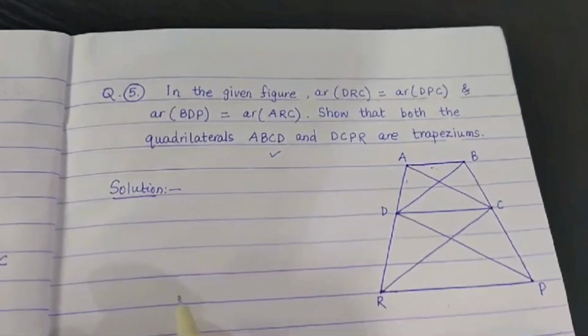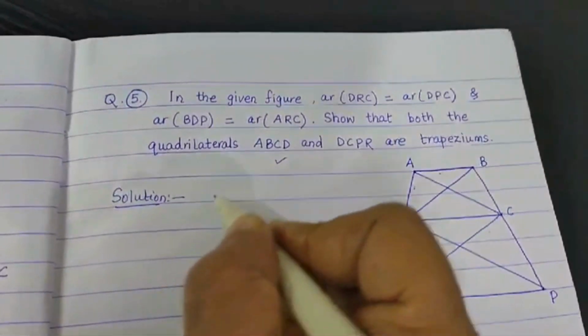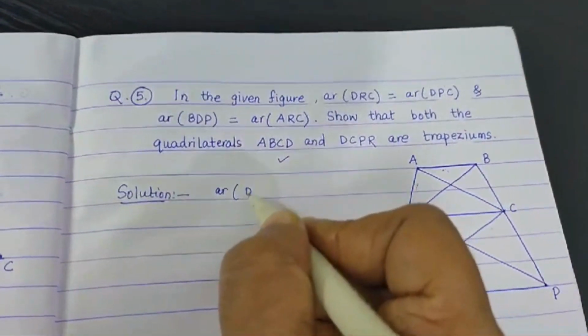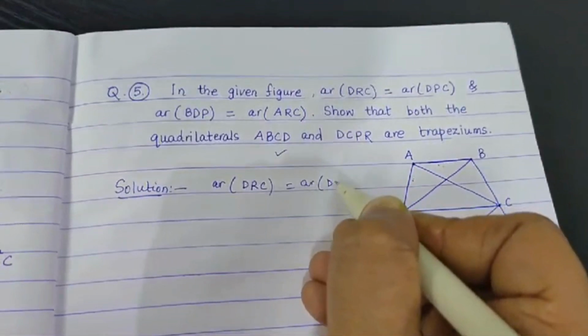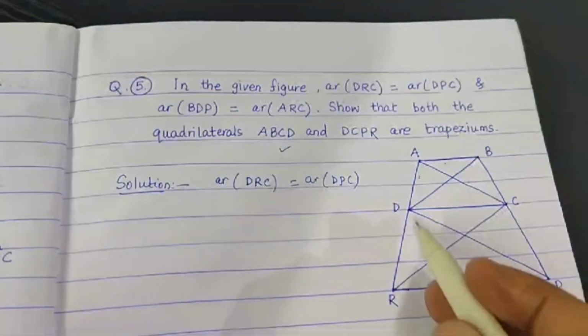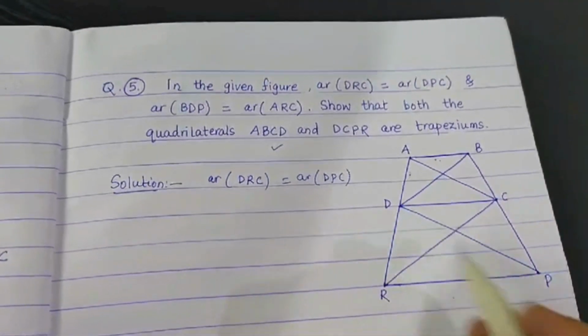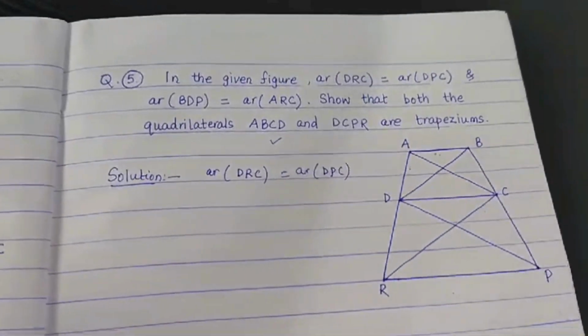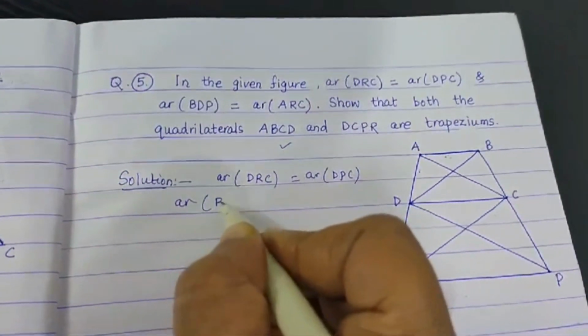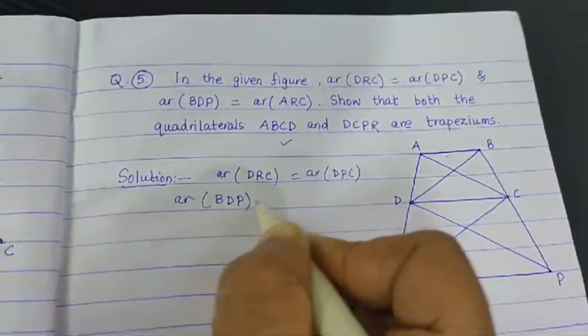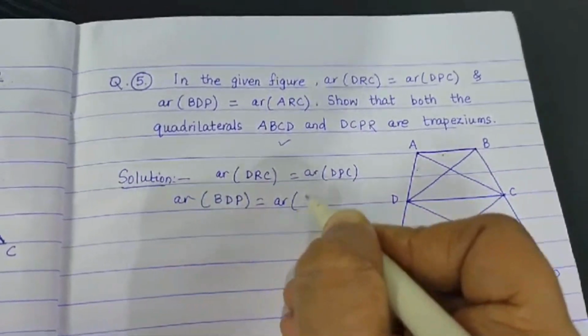Alright, so first of all, we have been given area DRC is equal to area DPC. And second one, let's write it, area BDP is equal to area ARC.